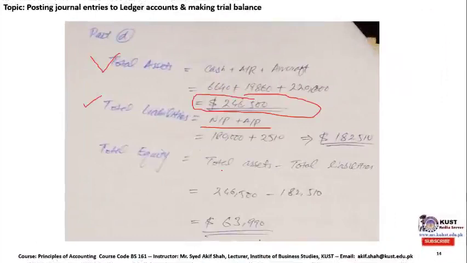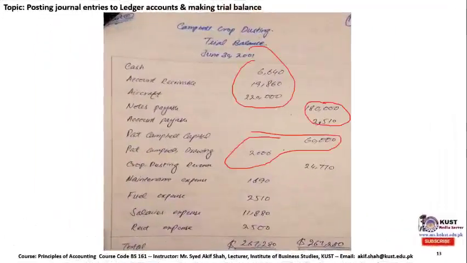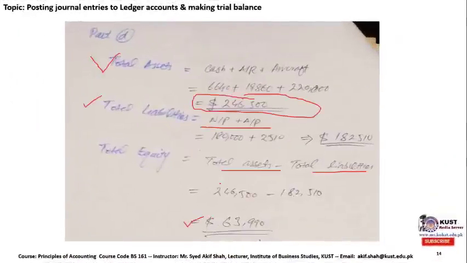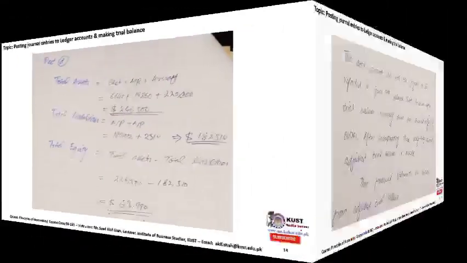For total equity, you can write total assets minus total liabilities, rather than directly subtracting these from each other. The reason will be explained in my subsequent lectures. So the total equity is 63,990.